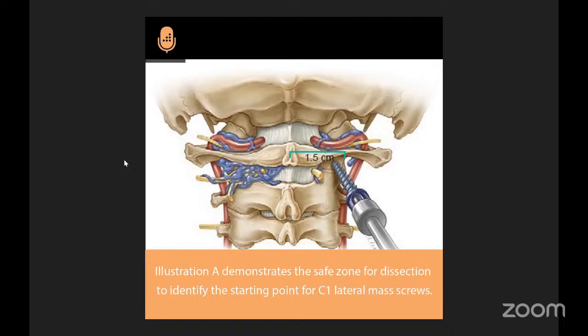Suppose that this is the C1, this is the ganglion or root of C1. Here will be the posterior arch of C1. So when you are giving the incision for the durotomy, just go a little bit medially like that.